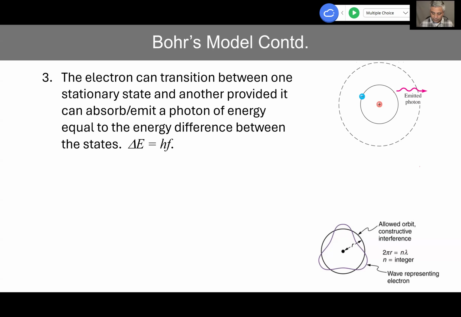Okay, now which orbits are permitted then, right? Why can it have just a particular orbit, why can it not have an in-between orbit, for example? To explain that, Bohr used this idea of standing waves. Remember, a standing wave in a string or in a pipe, what happens?